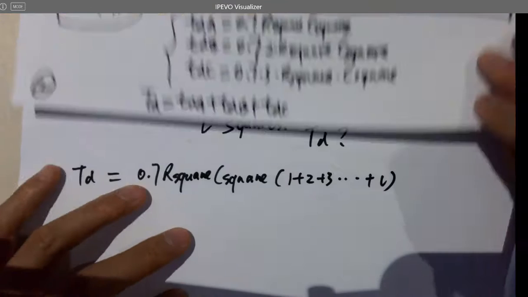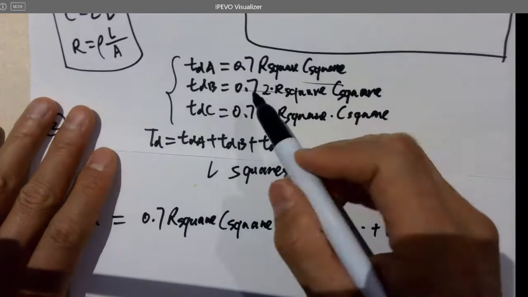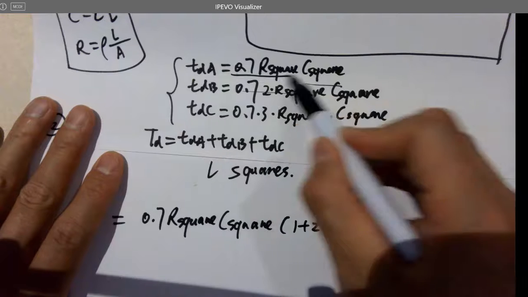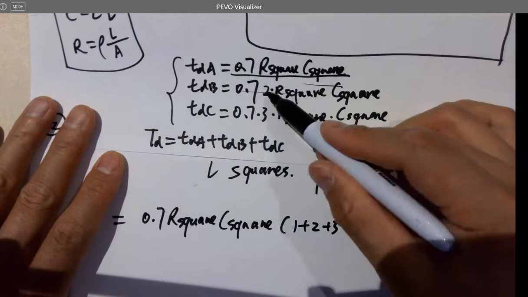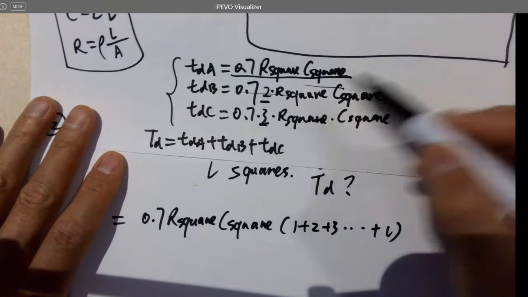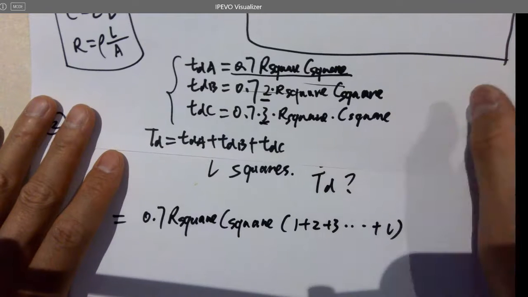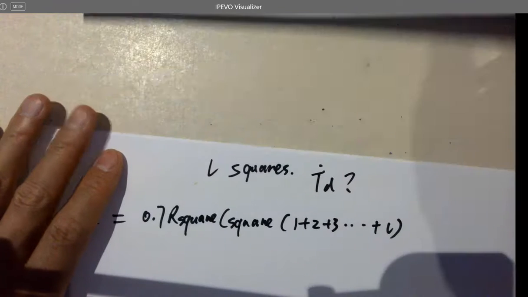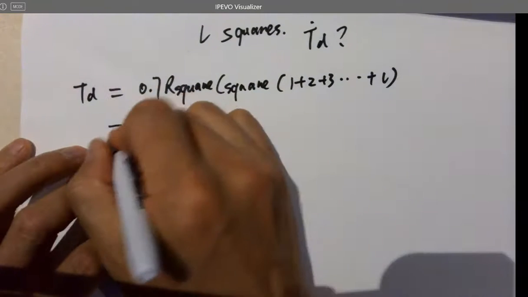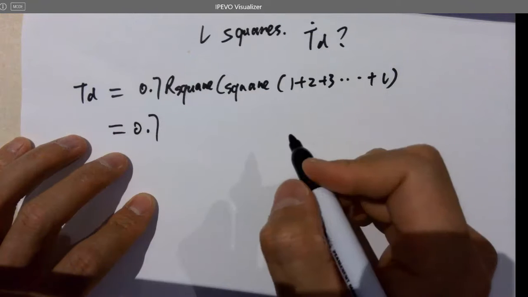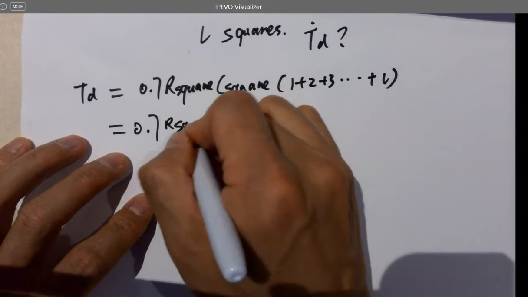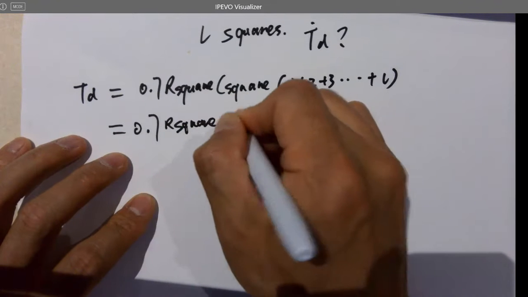Is that correct? Just factor this thing out. It's adding all of them together and factor this out. So you're getting 1 plus 2 plus 3, right? And until L, so L squares in your unwell. And this equals to 0.7 R square C square times that sum.